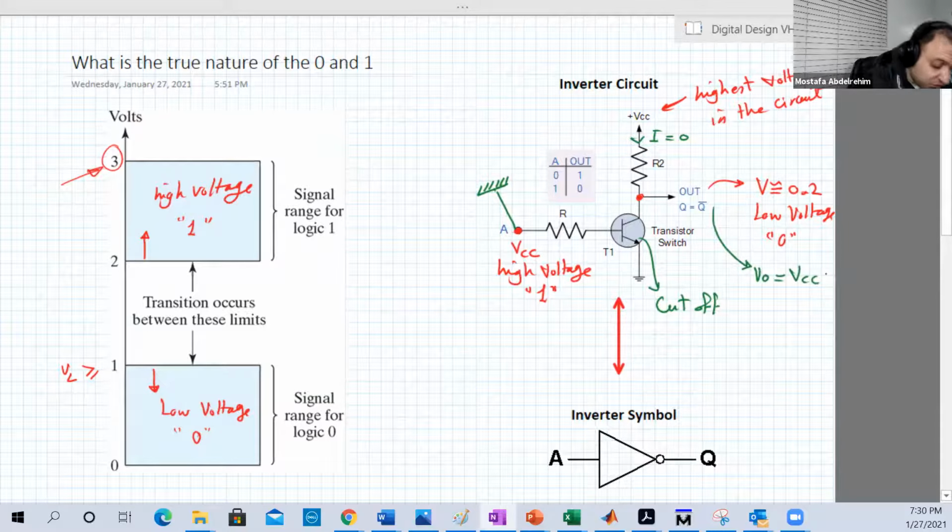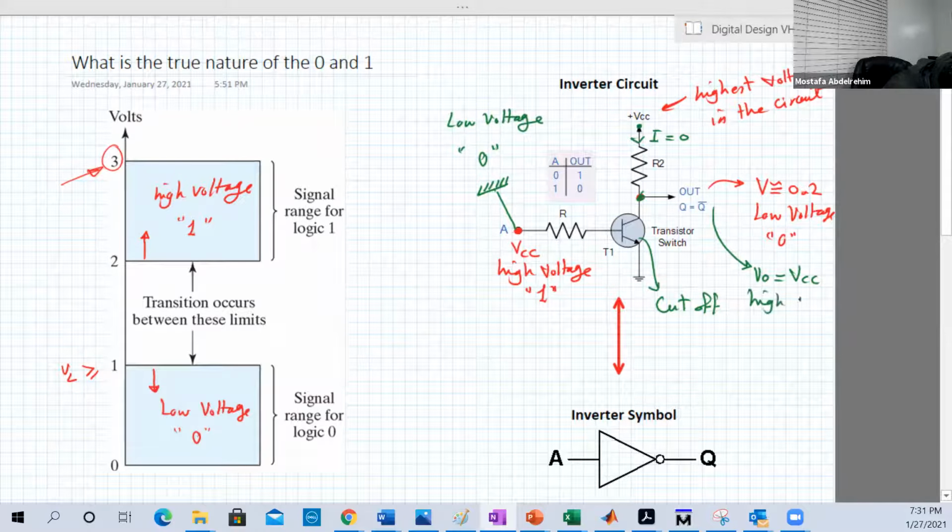Why? Because there is no current, so the voltage difference on the resistor, VR2, is 0. So basically, the voltage here is equal to the voltage here. If there is a voltage difference, there will be a current. So now, when you put 0 here, or low voltage, we get high voltage here, or 1.